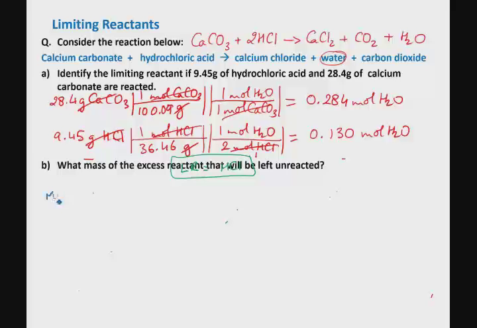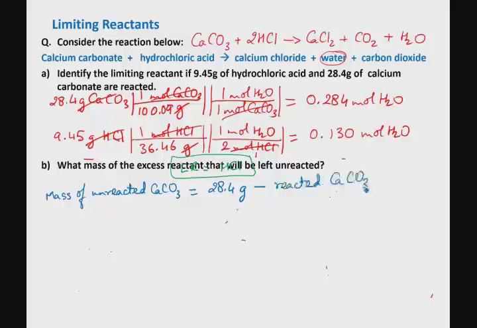So they want us to calculate the mass of unreacted, unconsumed calcium carbonate after the limiting reactant has been consumed and the reaction has stopped. That would basically equal the mass of calcium carbonate you started with, that is 28.4 grams, minus the mass of the calcium carbonate that did react in this reaction.